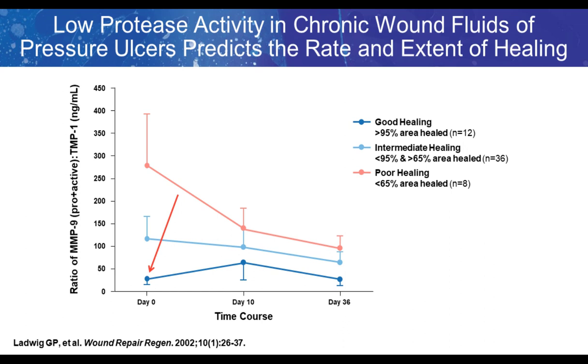In fact, in clinical trials, we've been able to show that patients who enter the clinical studies but have high initial levels of proteases, shown in the red line, take much longer to begin to heal their wounds during the month of the clinical trial compared to the patients whose levels of proteases at the start of the trial were at lower levels.